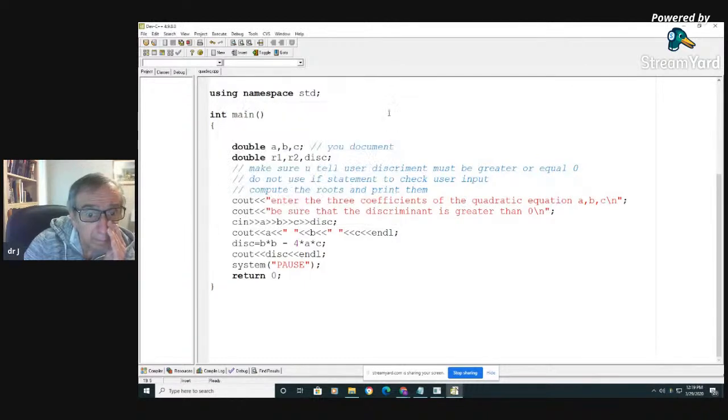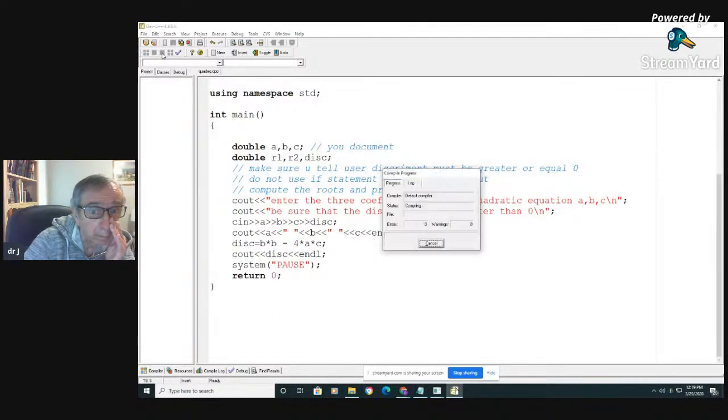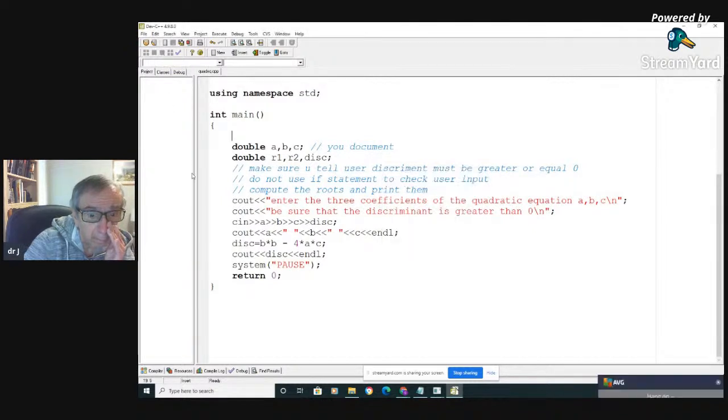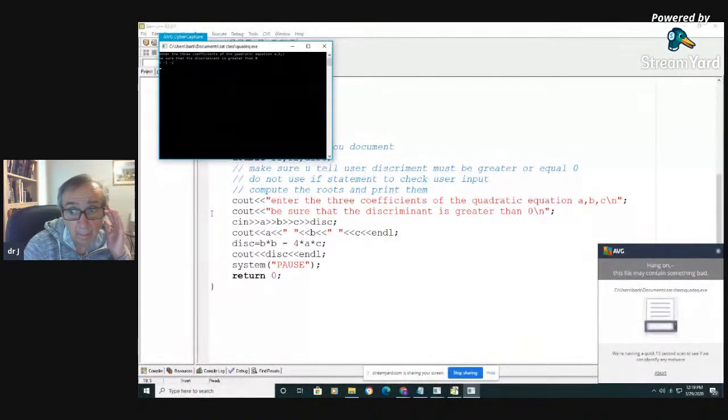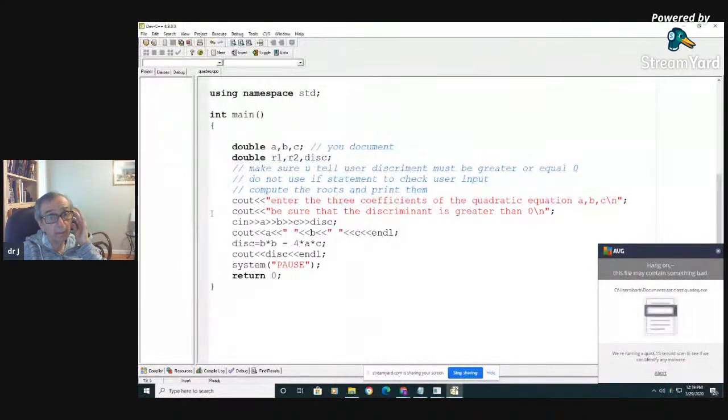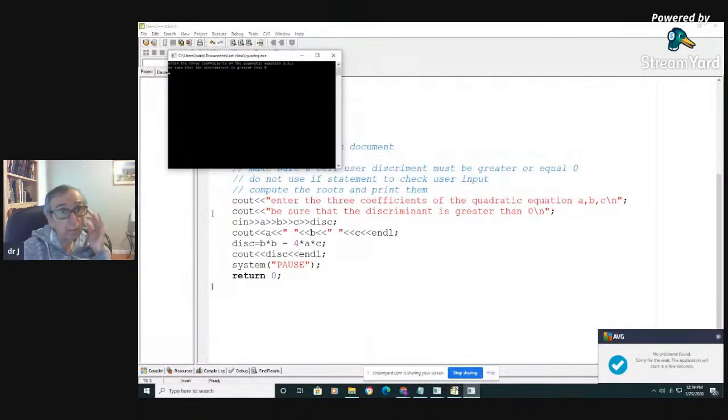Try it again. I had a clean compile, it should have worked. 1, minus 1, minus 2, enter. Maybe it just takes a while. What the heck?